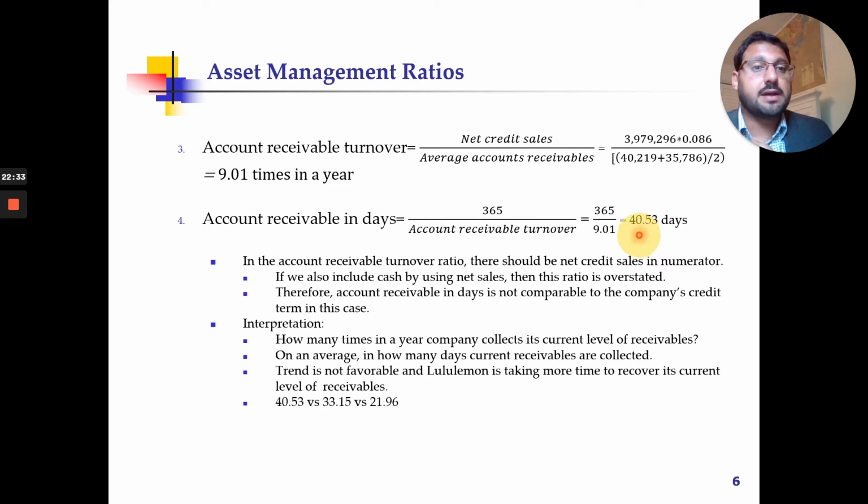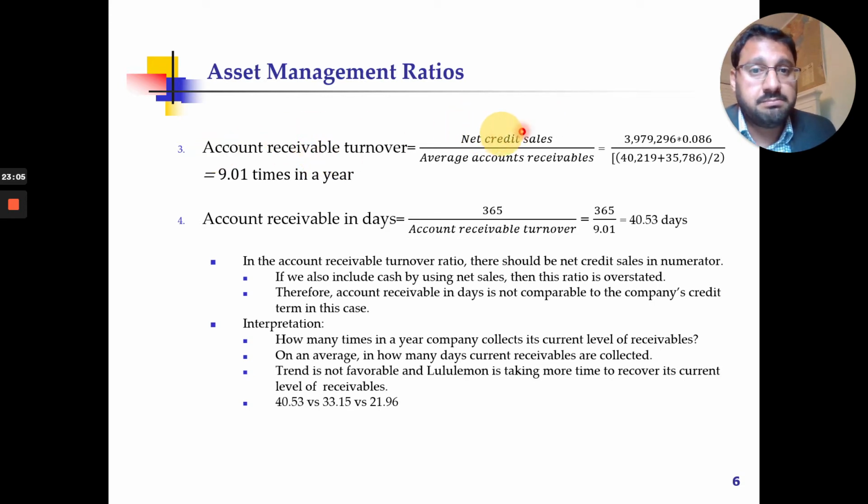That's why the company is able to recover the current level of account receivable in more days, say 40.53, which is more than 30. So this is the purpose, and we can only compare this account receivable in days with the company's trade policy if we use net credit sales in the numerator to begin with to calculate account receivable turnover.